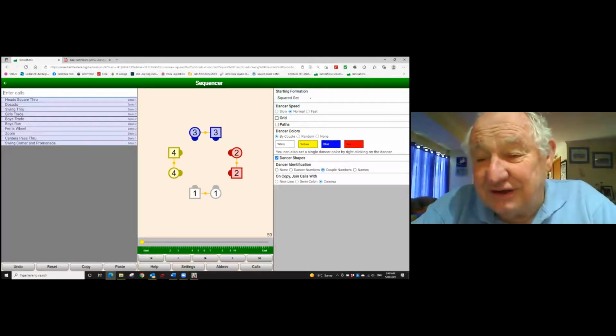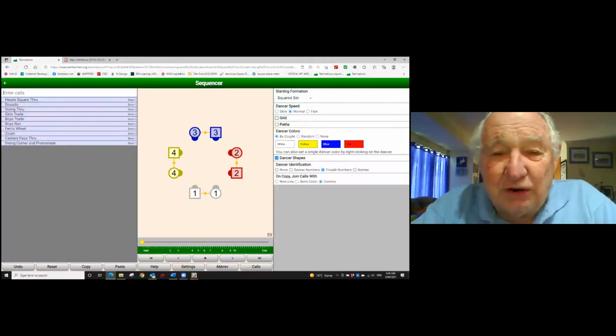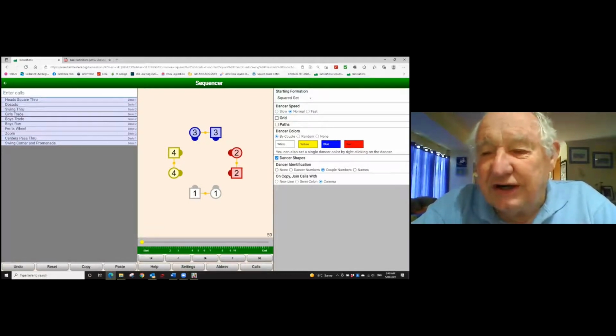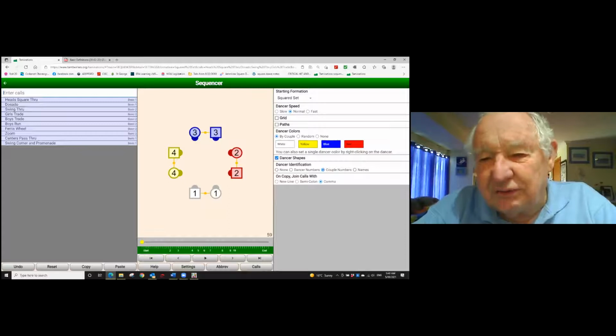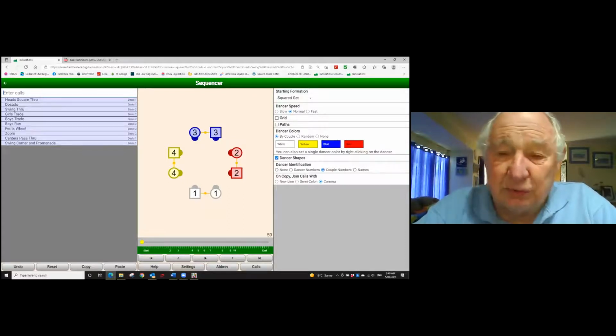It's fun for the dancers, because sometimes you'll end up with a line of 5, other times a line of 3, other times 2 lines of 4. But it's so simple and so easy for the dancers to understand, and you can't get into trouble with it.